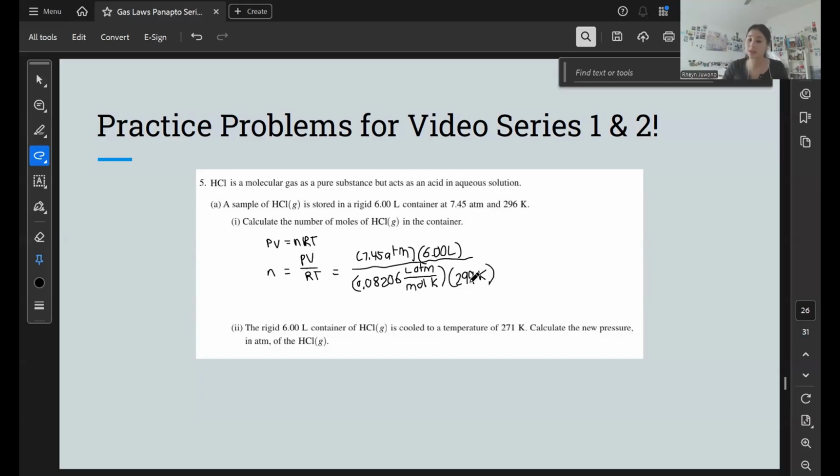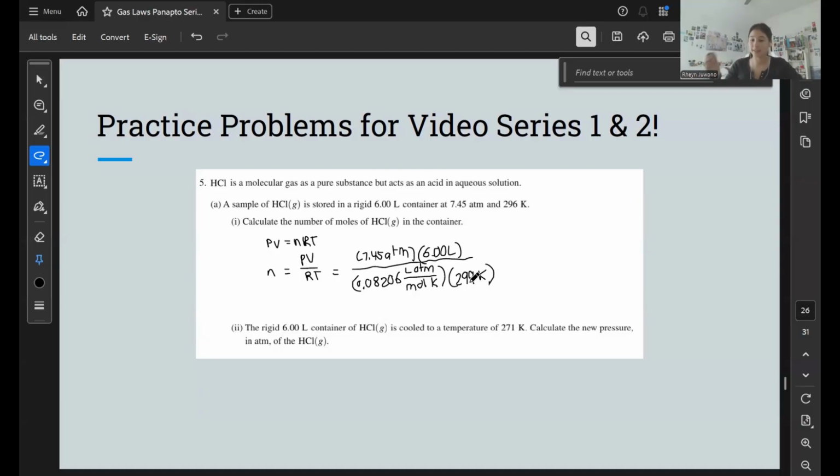Note that we didn't have to convert everything because they very nicely gave us the units and things that we know. So now you just use your calculator. 7.45 times 6 divided by 0.08206, and then divided by 296.